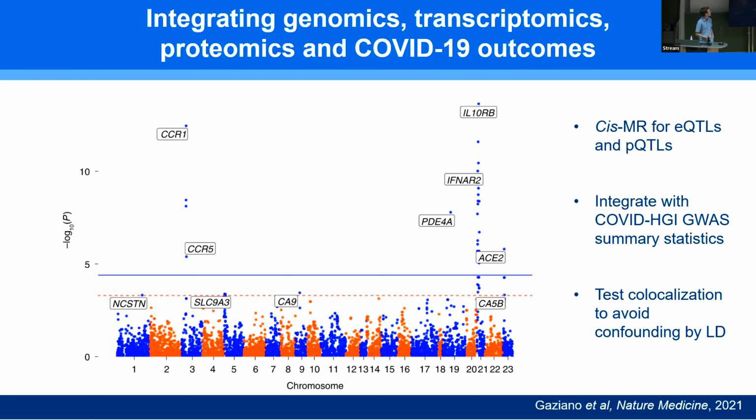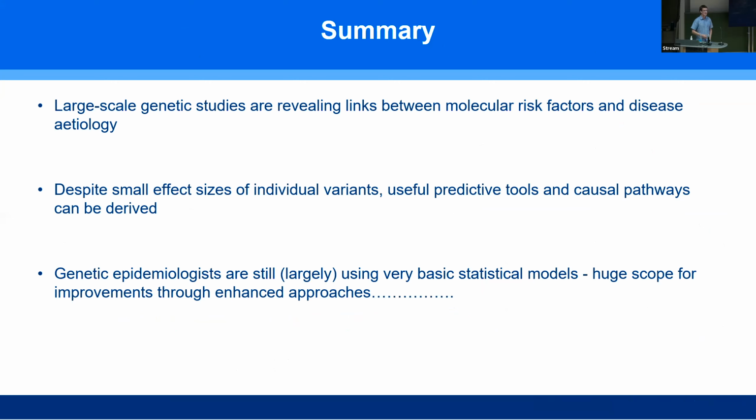So hopefully I've convinced you that some of the very large scale genetic studies we're doing are starting to tell us about not only statistical links between genetic variants, but also pathways and biological information, which are molecular risk factors for diseases. People often get very hung up on the fact that these individual variants have very small effect sizes. One of the slides I didn't put in today is one of those 1.03 odds ratio variants in the HMGCR gene.